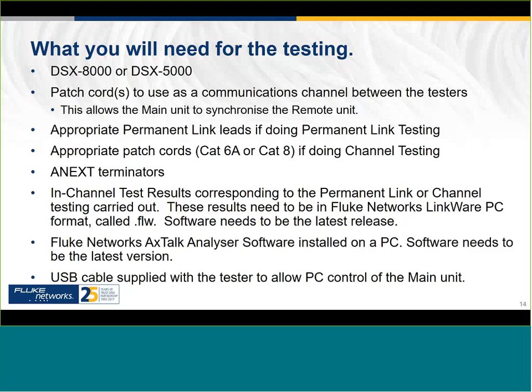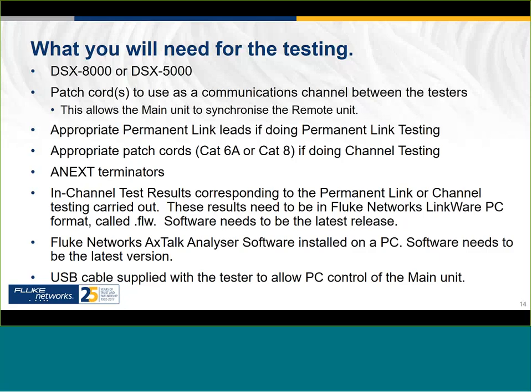You'll need some alien near-end crosstalk terminators, and these are normally provided with the DSX 8000, or you can obtain those for a DSX 5000. You need your in-channel test results, permanent link or channel, and these will be in Fluke Networks LinkWare PC format. You'll often hear us refer to them as .flw files.